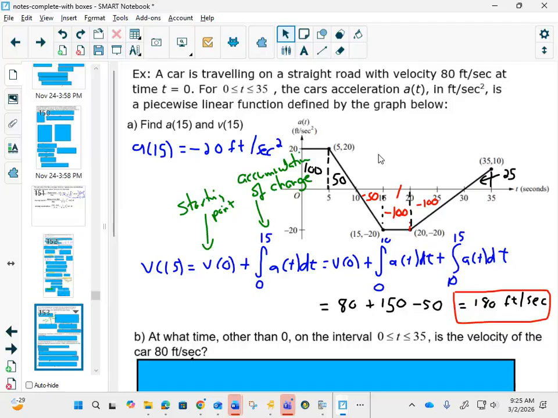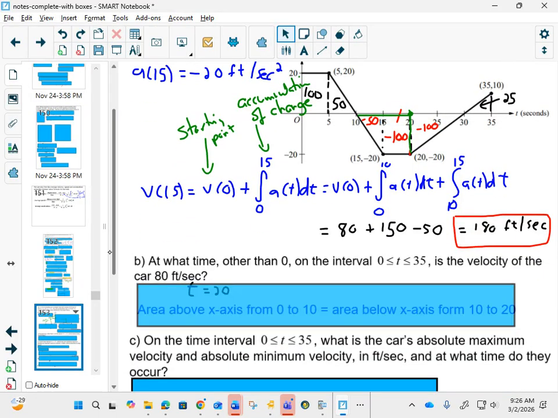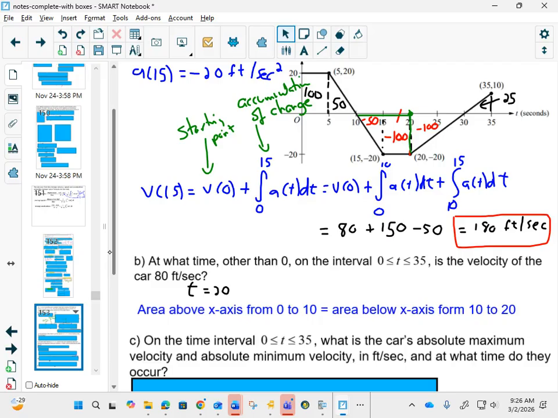You need to get it back down to 80 again. Can you see at 20 that the positive that was added would get subtracted again? You'd be back to where you started from. So I can see directly from my graph that the answer is going to be 20, because that area above the x-axis from 0 to 10 gets canceled out with the area below the x-axis from 10 to 20.